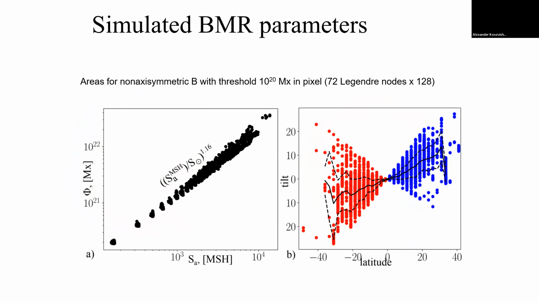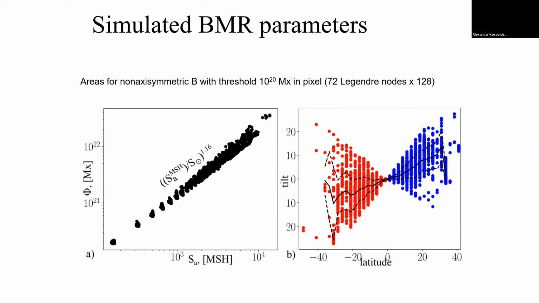We also compared with some distributions known from observations: the distribution of magnetic flux of bipolar active regions that emerge with area follows a kind of power law. After emergence, we analyzed the inclination of bipolar magnetic regions and compared with Joy's law.